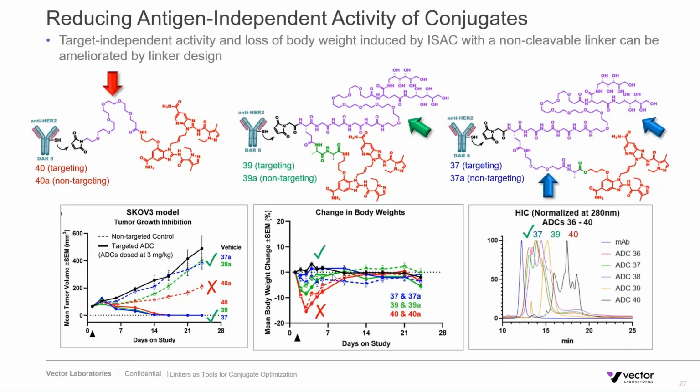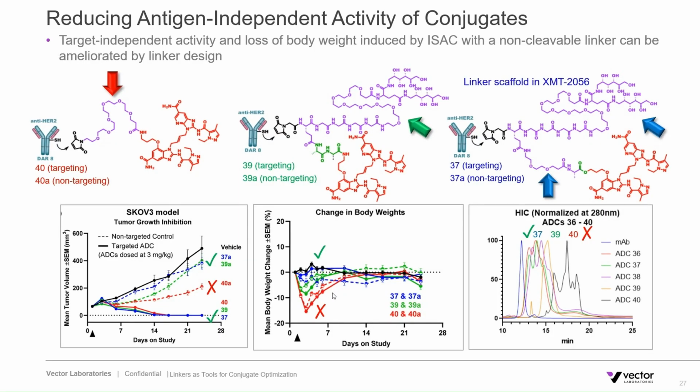So presumably, this reduction in hydrophobicity of conjugate 37 relative to the other conjugates minimizes antigen-independent uptake by reducing this nonspecific uptake of the hydrophobic conjugate. So this is a good example showing how these hydrophilic orthogonal shielding PEGs can minimize this antigen-independent activity by minimizing nonspecific uptake of the conjugates.